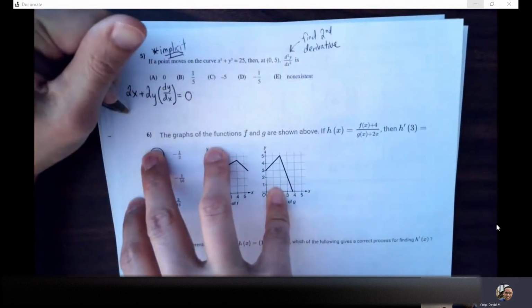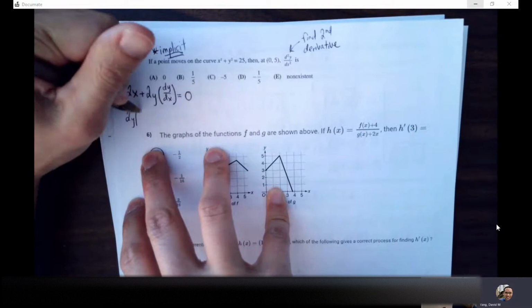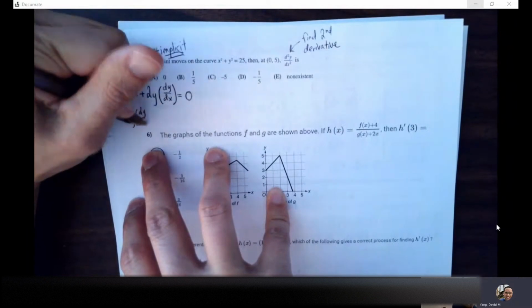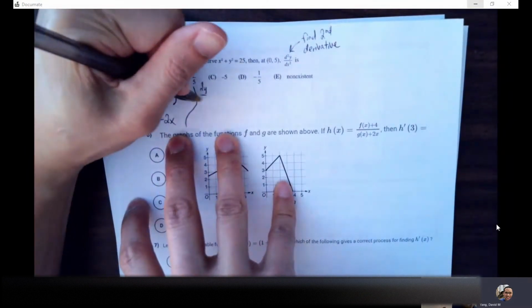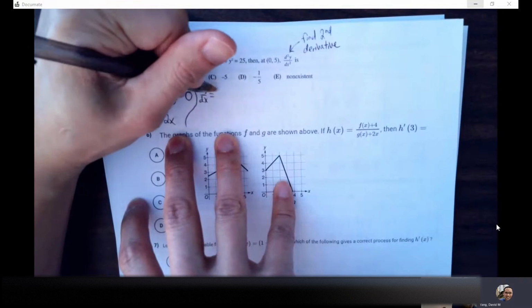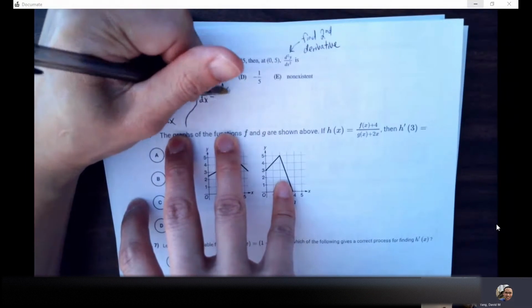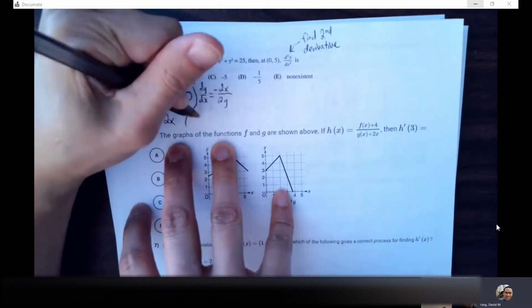So I'll subtract 2x from both sides. Divide both sides by 2y. Clean this up.